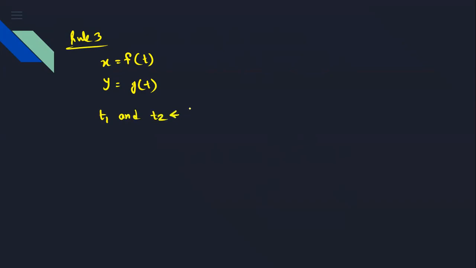These are the parameters for the 2 points. Now we have to find the length of the curve between t1 and t2.